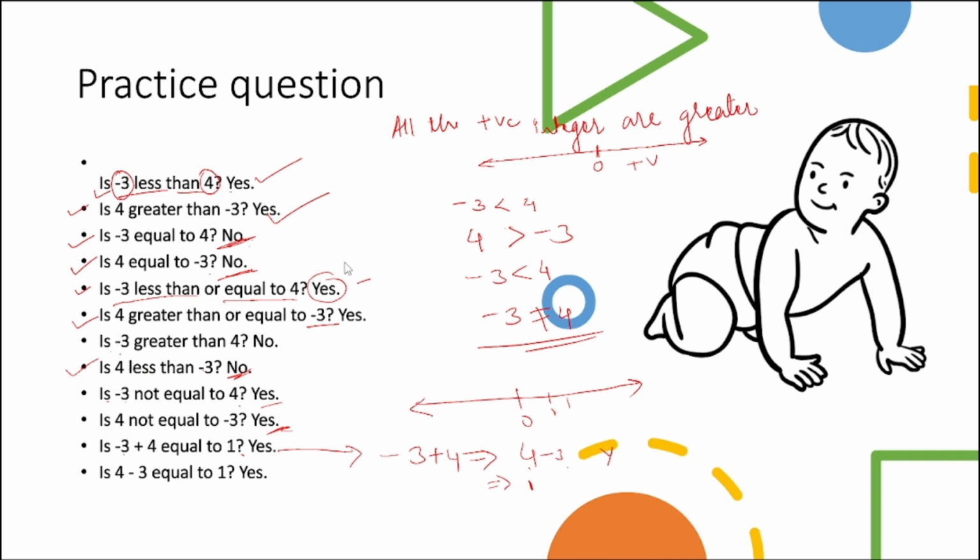Now, 4 minus 3 is equal to what? Again, 4 minus 3 is equal to 1. It's a simple question. If you subtract 3 from 4 you will get 1. It's easy for a student of 8th class.